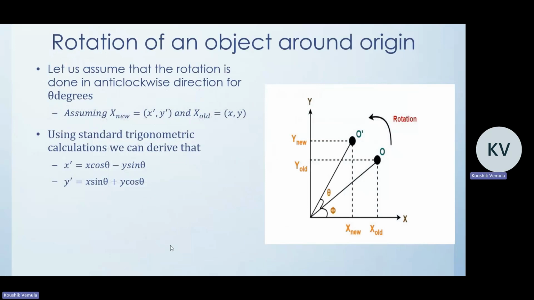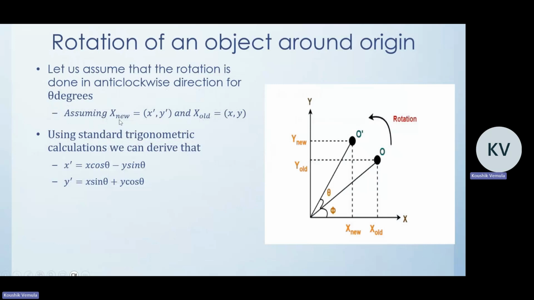Rotation can be done in two ways: rotation of an object around the origin and rotation at an arbitrary point. I'll be starting with rotation around the origin. As we can see in the image, we are rotating the point O in anti-clockwise direction by theta degrees, and we assume we get the new point as O dash.